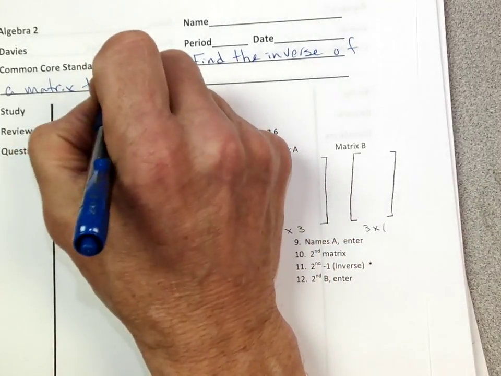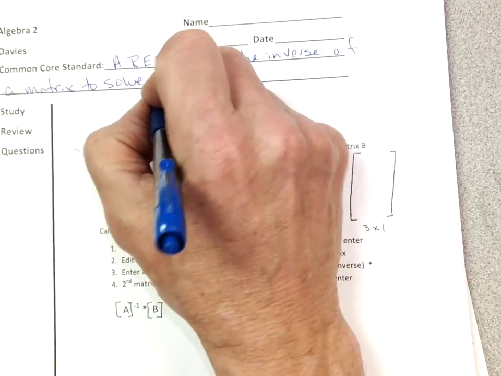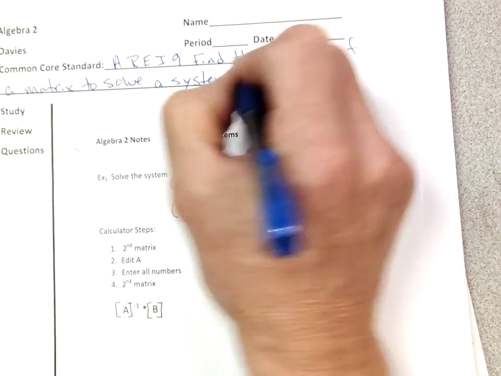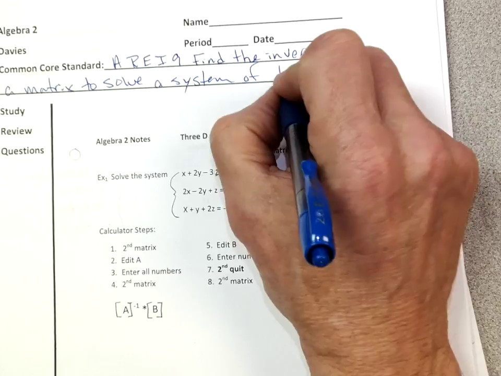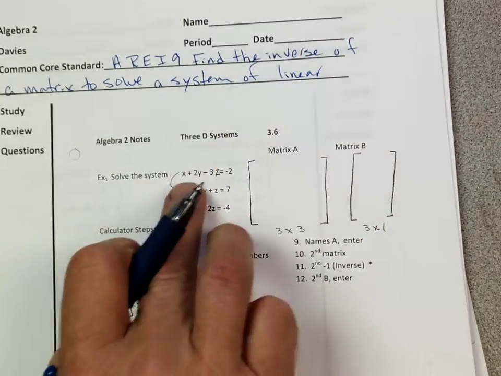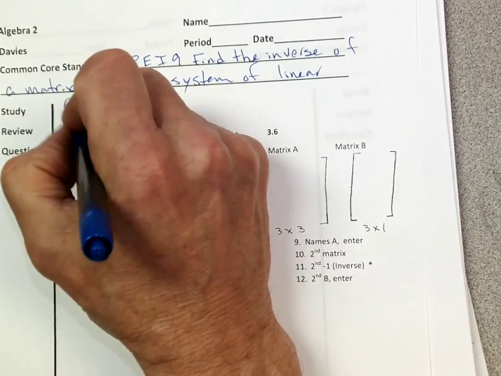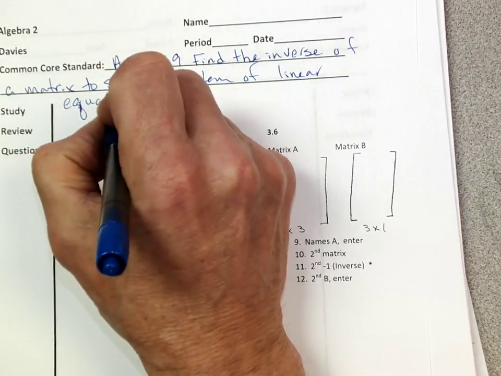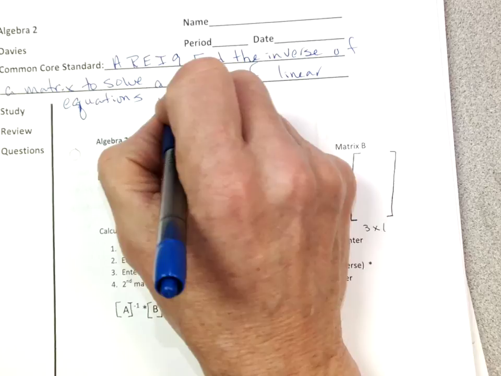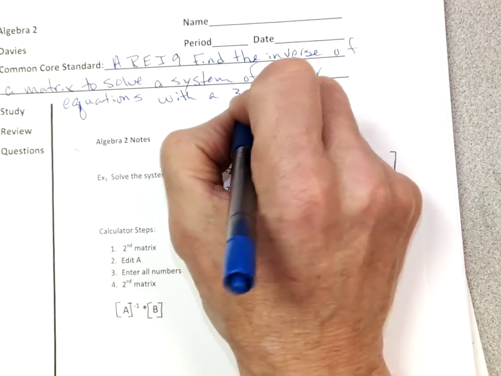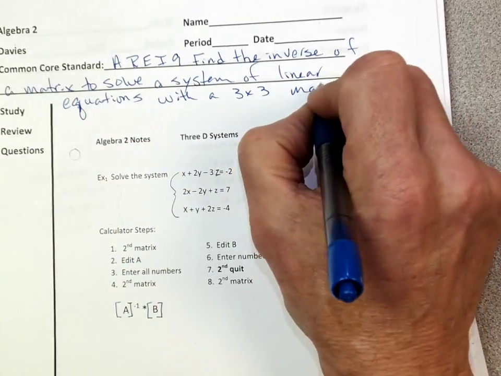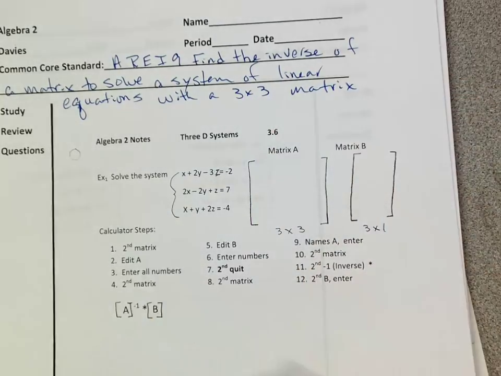To solve a system of linear equations, and they are linear because of X, Y, Z, with a 3 by 3 matrix. Okay? Alright, let's see what all this means.